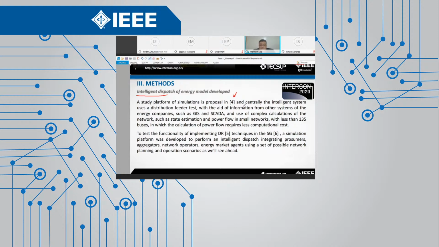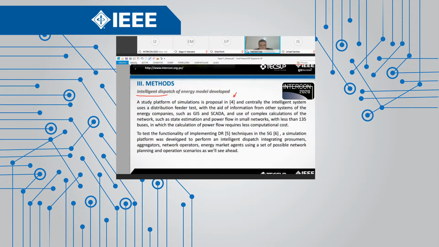Centrally, the intelligent system uses a distribution feeder test with information from other systems of the energy companies, such as GIS and SCADA, and uses complex calculations of the network, such as state estimation and power flow in small networks, with fewer than 135 buses, in which the calculation of power flow requires less computation cost.